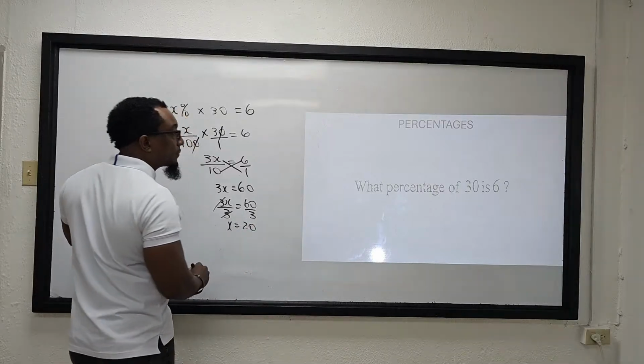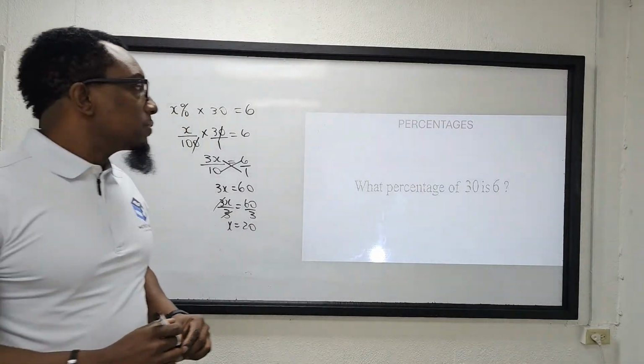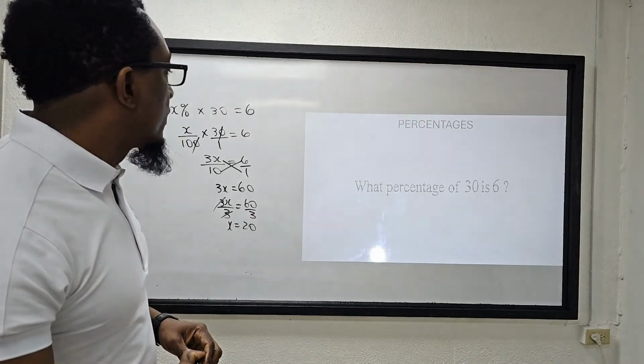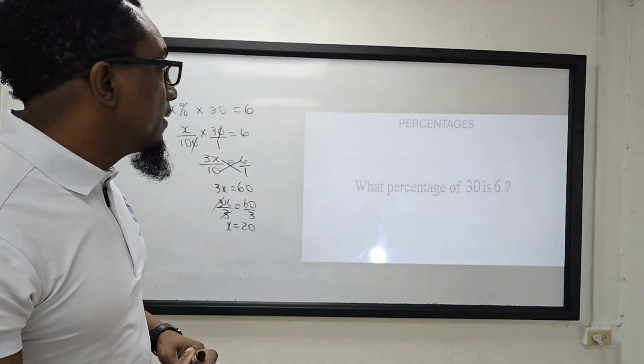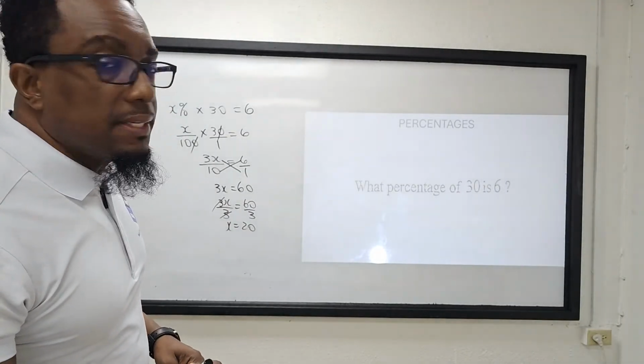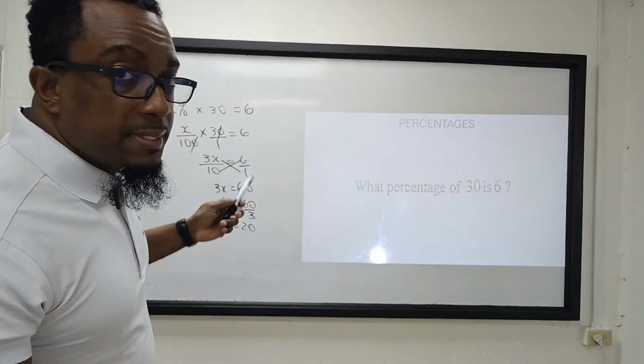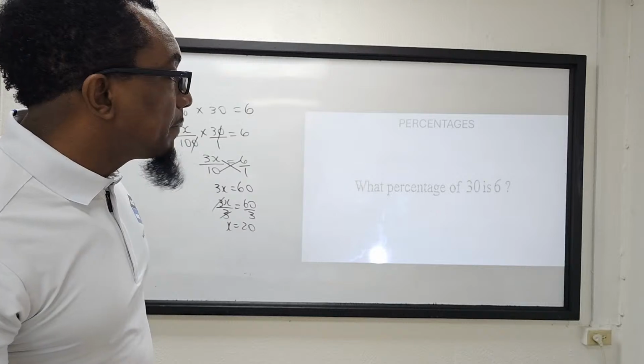X is 20. So 20% of 30 will give us 6. Yeah? So what percentage of 30 is 6? That's 20%. Alright? And making sure we understand the step that was carried out here to help us to determine that.